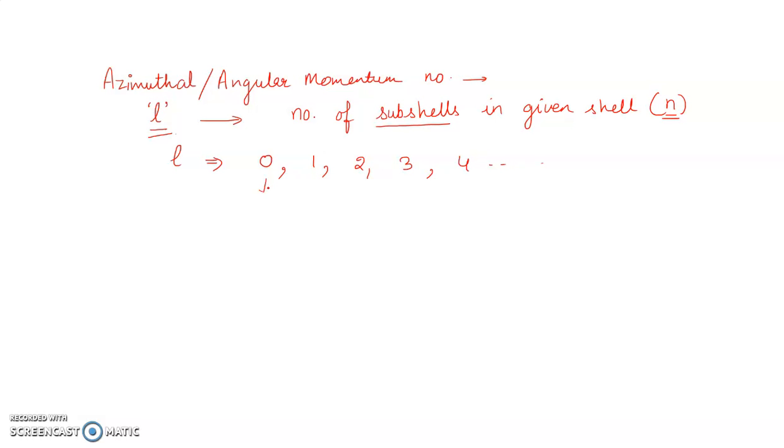For these we designate: if L is 0 then we say it is the S subshell, then P, D, F, G, but till now there are only these subshells.